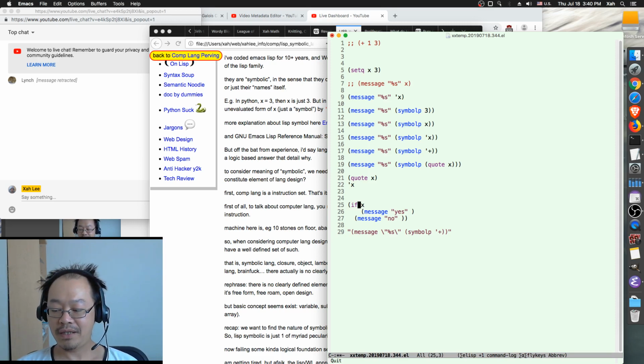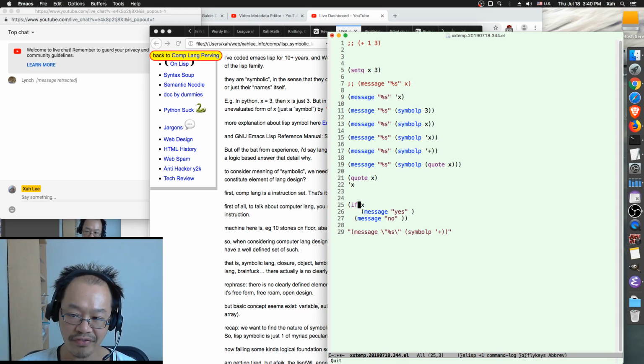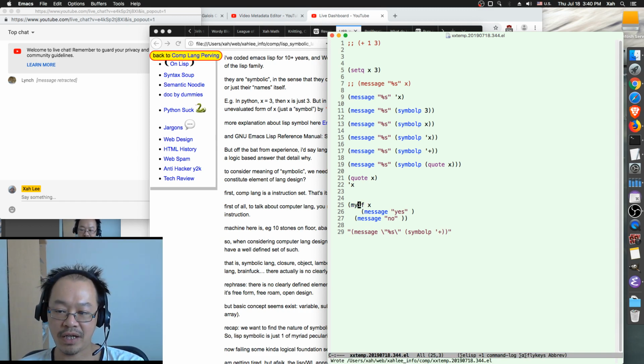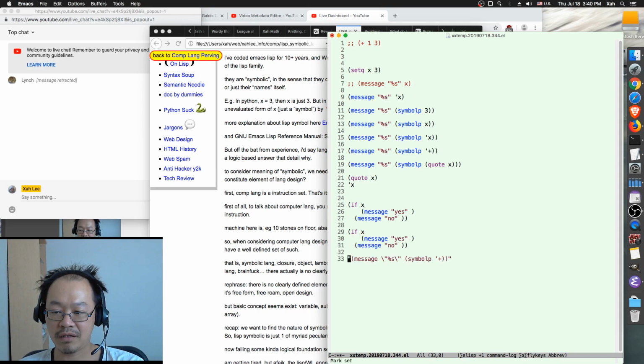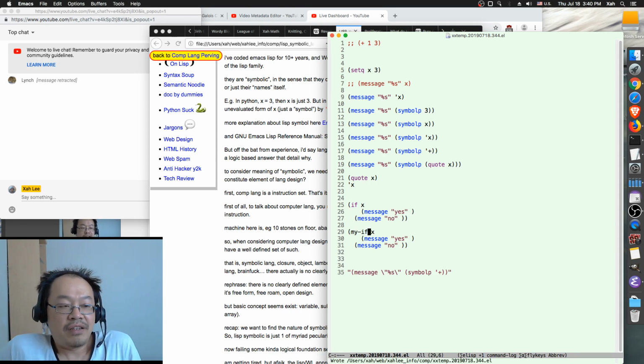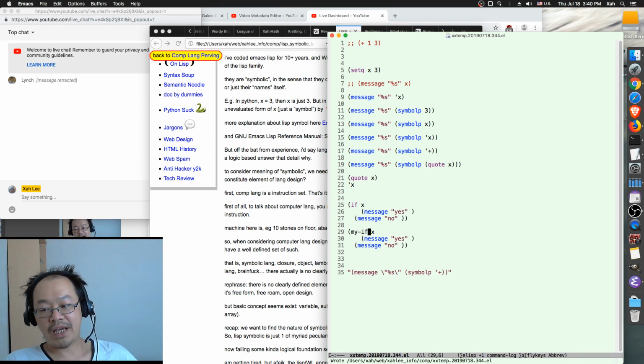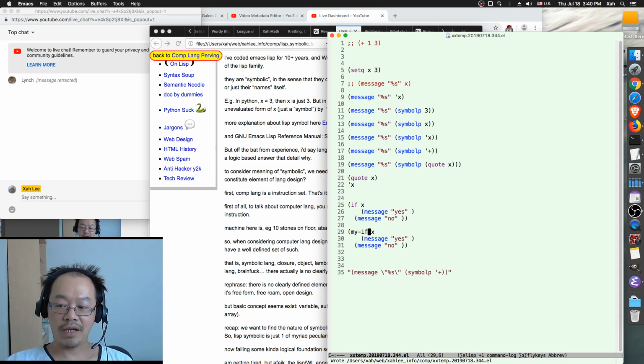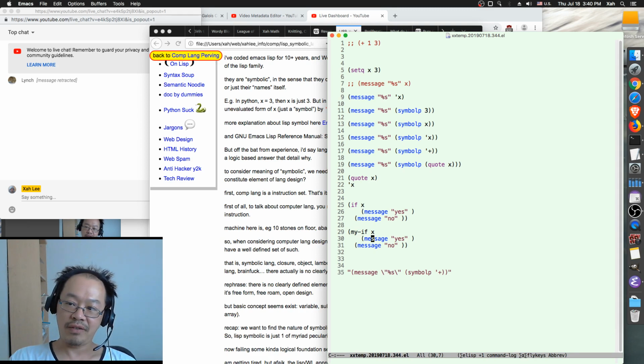So what that means is that you can define a function called myIf. Let's say myIf. You can define your own myIf such that when it is called, all the arguments are not evaluated.